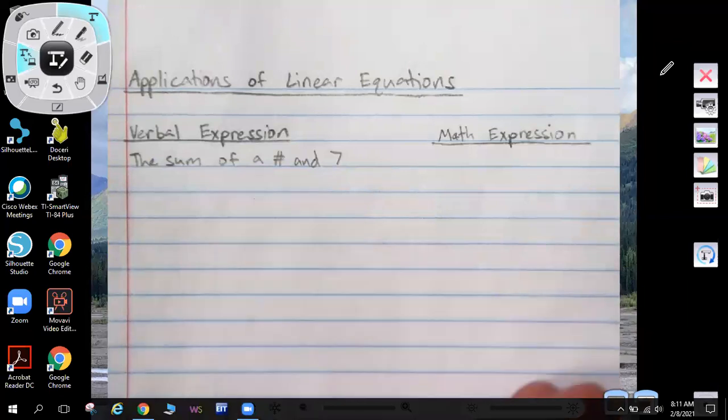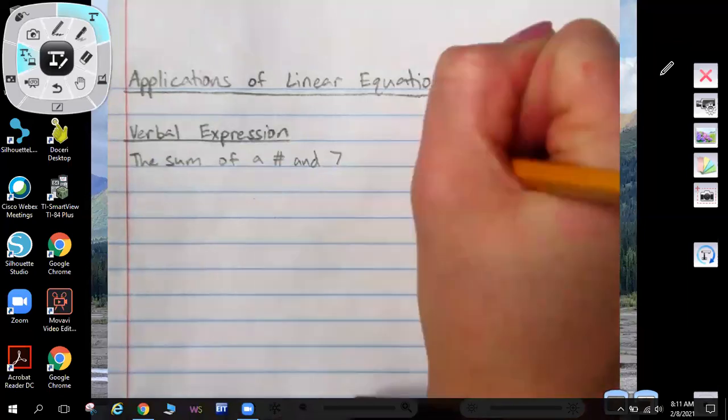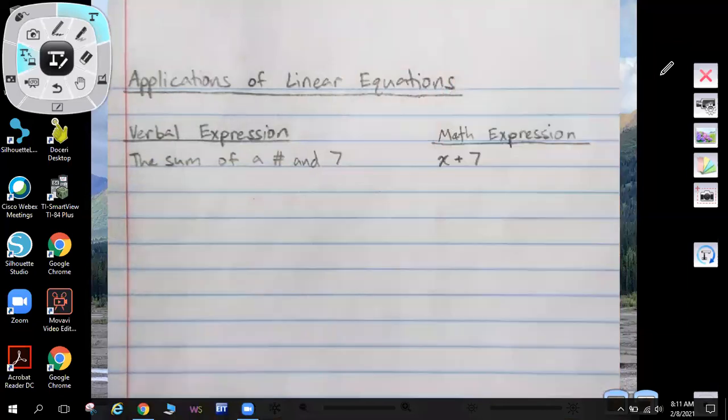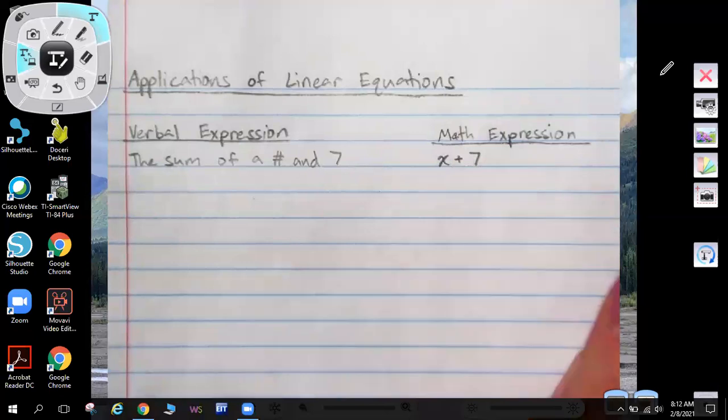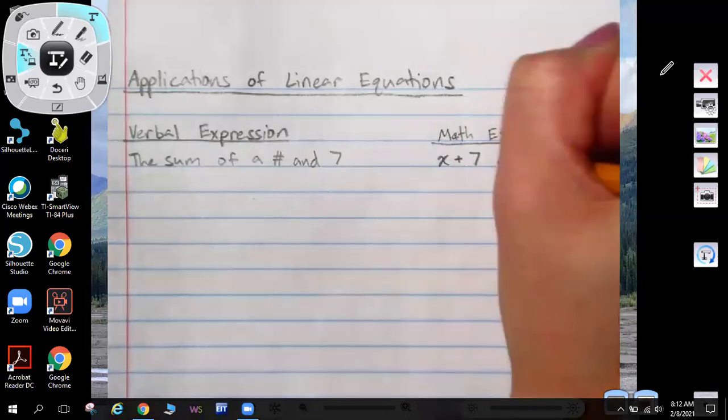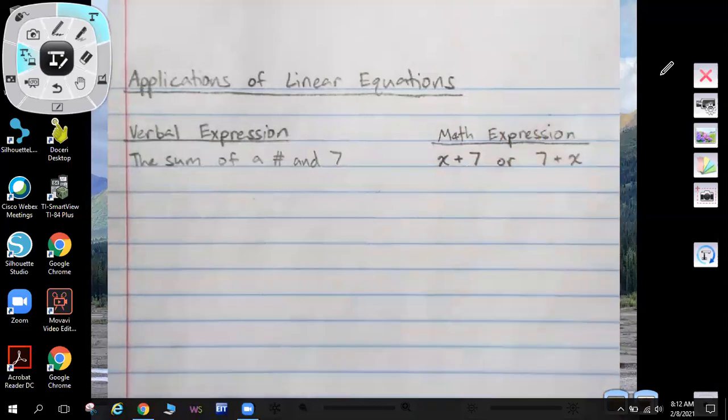When we don't know the value of a number, we use a variable. The most common variable we use is x. So we can write this as x plus 7. And because addition is commutative, which means you can add in whatever order you want to, we could also write this as 7 plus x. Either one of these expressions accurately represents the verbal expression, the sum of a number and 7.